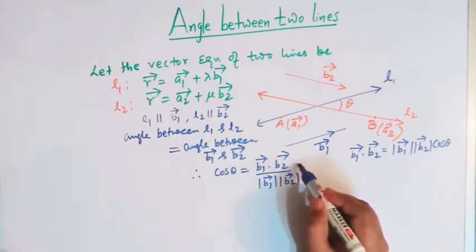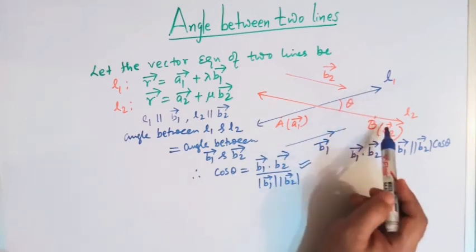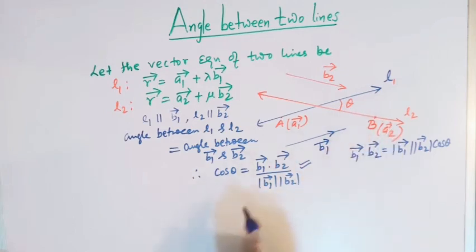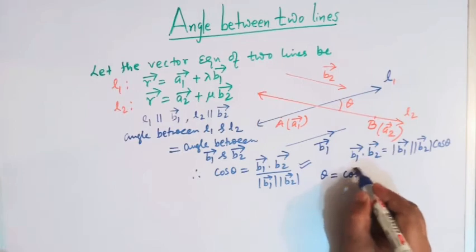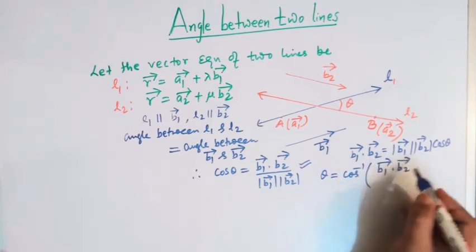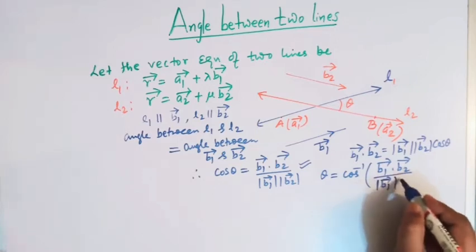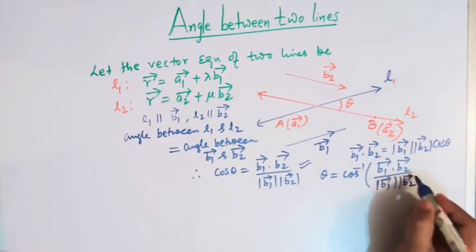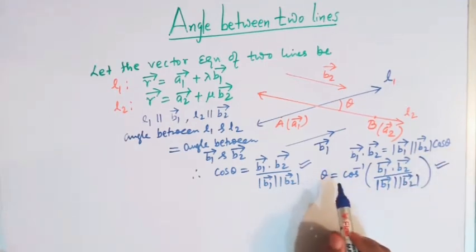So this is the formula for finding out the angle between these two lines L1 and L2. So here we can write theta is equal to cos inverse of b1 dot b2 divided by magnitude of b1 multiplied by magnitude of b2, right? So this is the required formula.